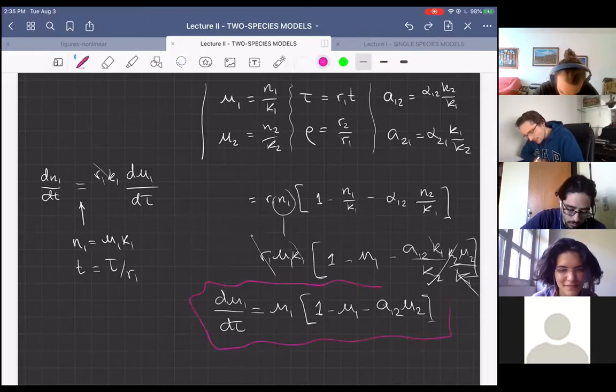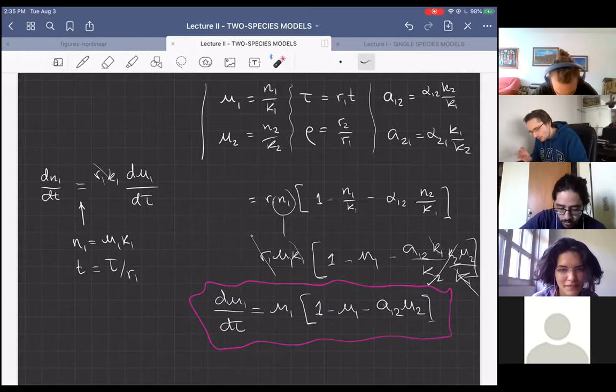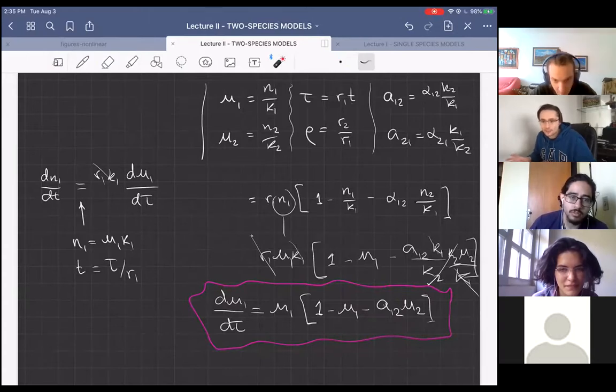So as you can see, what I got by working with these non-dimensional parameters and units is that my equation now only depends on one parameter. I get rid of everything. I didn't get rid of it, I condensed it in these non-dimensional units.